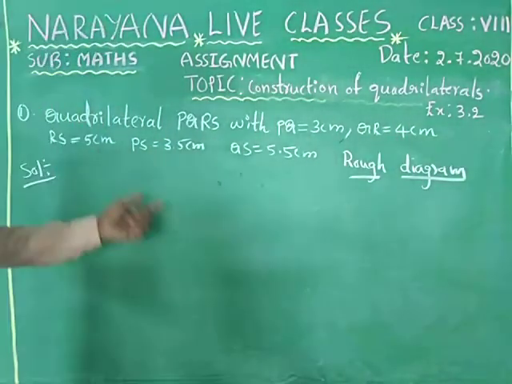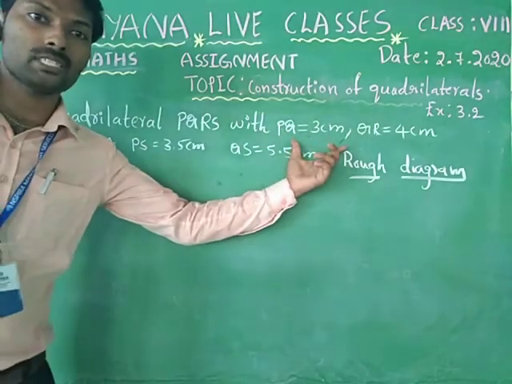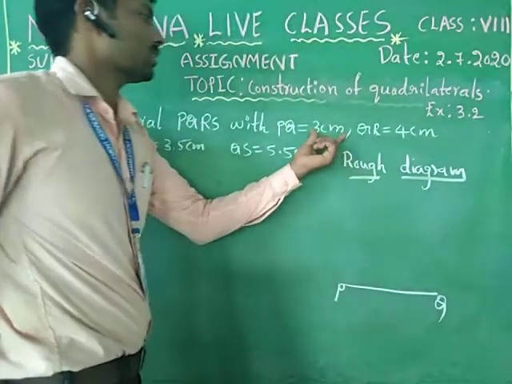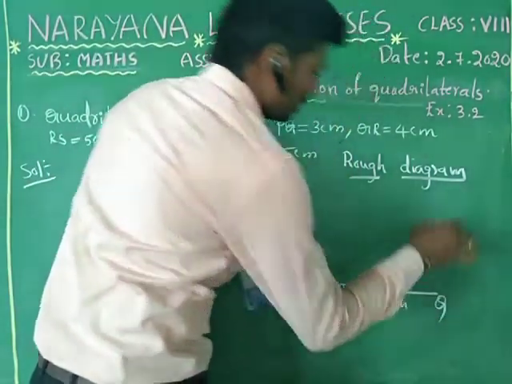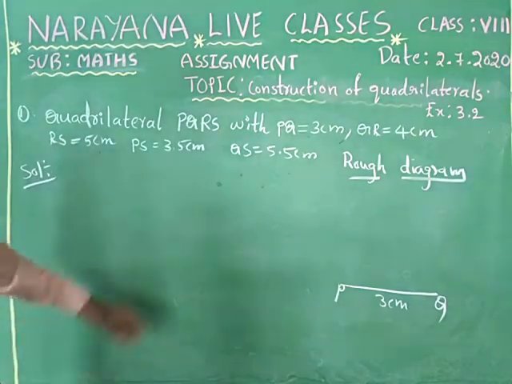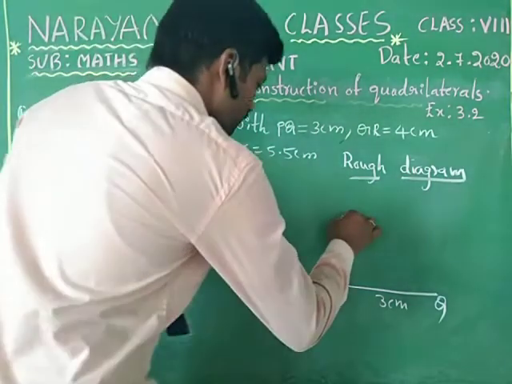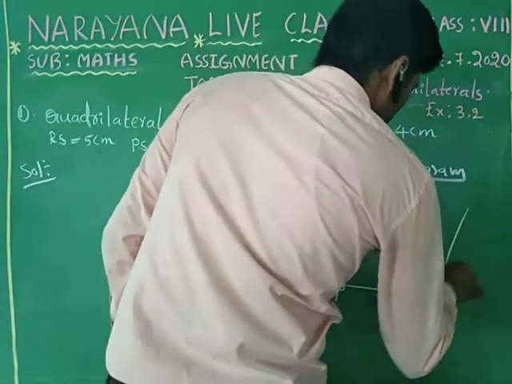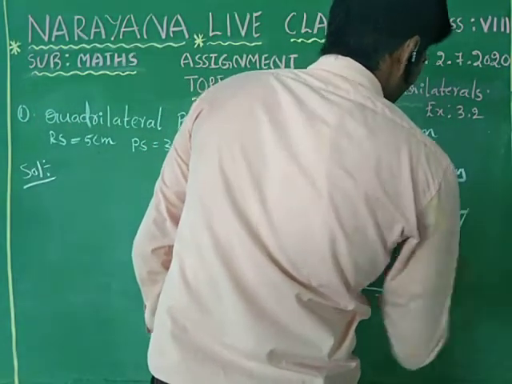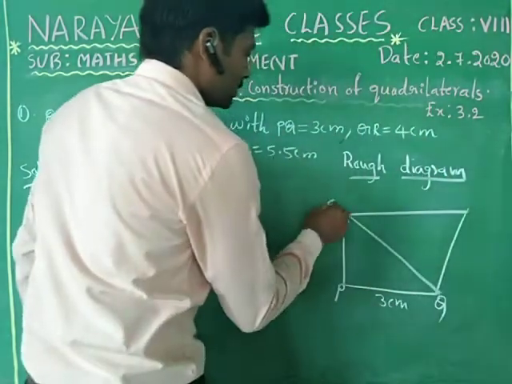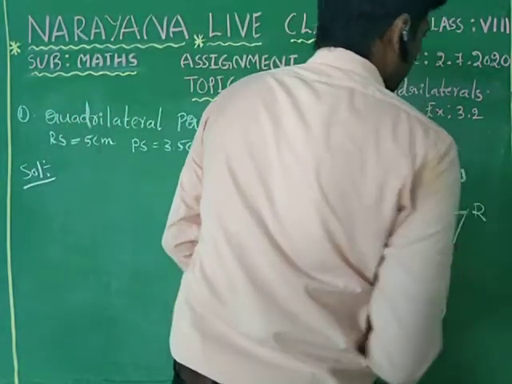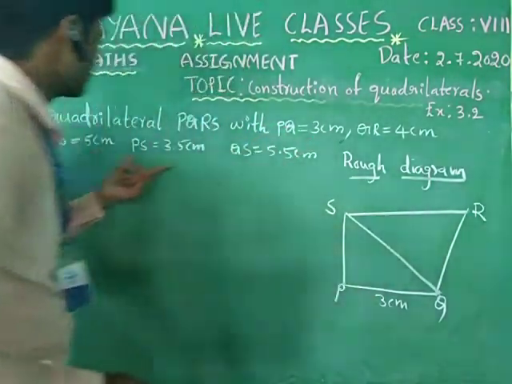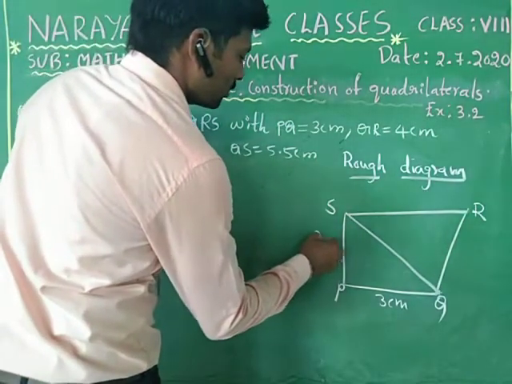First of all, we take PQ as the base line segment. PQ is 3 cm. Next I will draw PS, this is S and R. PS is 3.5 centimeter.